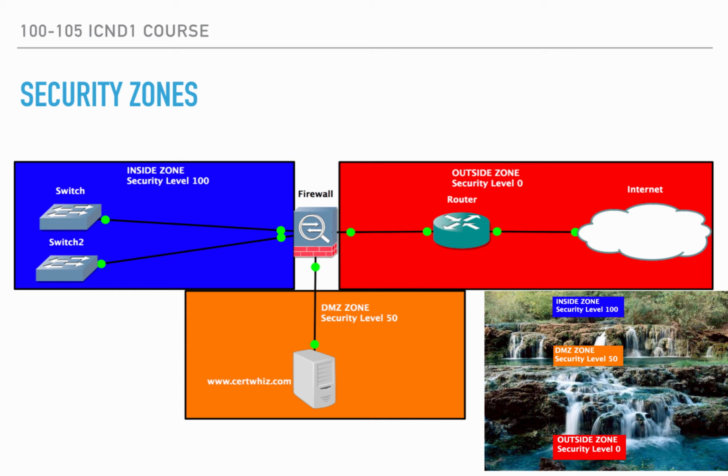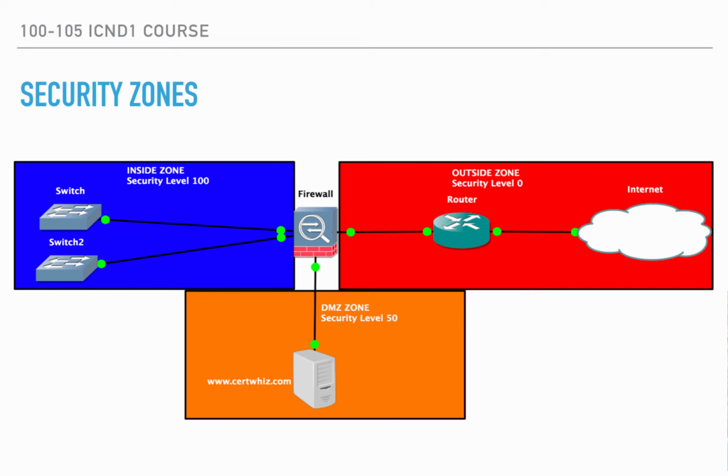No. Looking at the outside zone with a level of 0 and at the bottom of our waterfall, can the outside zone flow or connect to the DMZ or the inside? No. Why? Because water flows down a waterfall, not up. Right? So this was a pretty cool way I remember how security levels and zones work on a firewall.